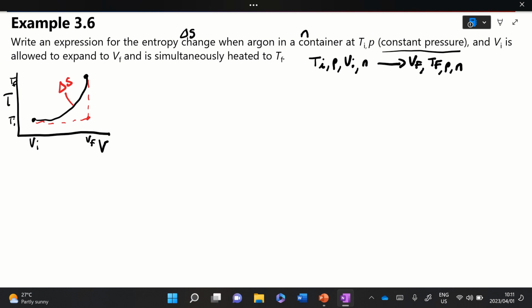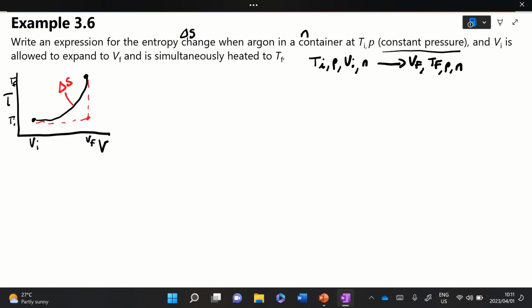So you can use those two ideas together to calculate this. Remember, isochoric means constant volume process, isothermal means constant temperature process.